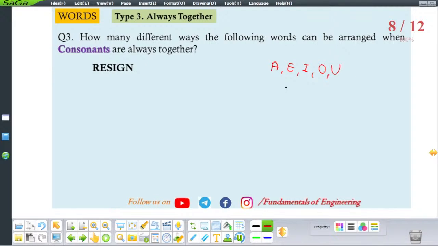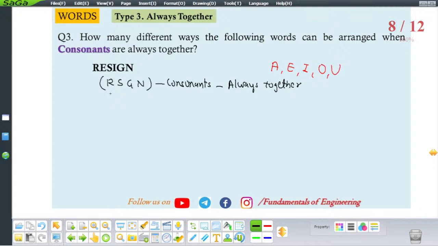So from this word resign we have to find out how many are consonants. So consonants are R, S, G and N. These are the consonants which will be always together when we are doing the arrangements, and in between vowels we are arranging these consonants.